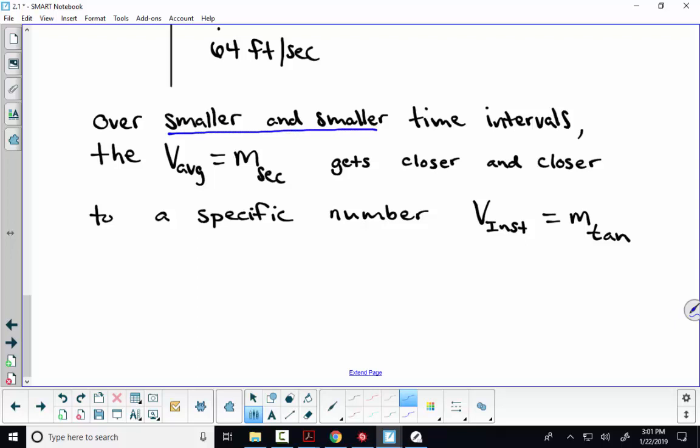So that idea over smaller and smaller time intervals, that's really the idea of a limit. I think when most of us think about a limit, you think about perhaps a limit that's way out here, right?